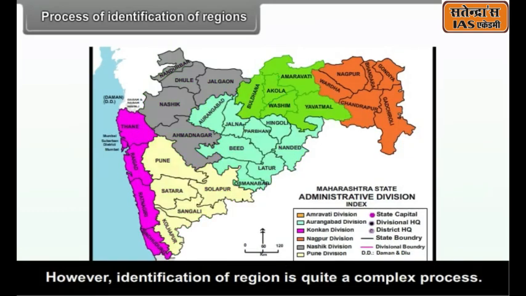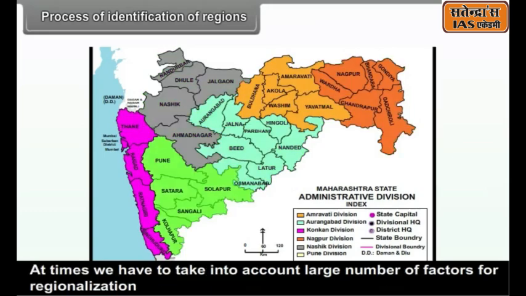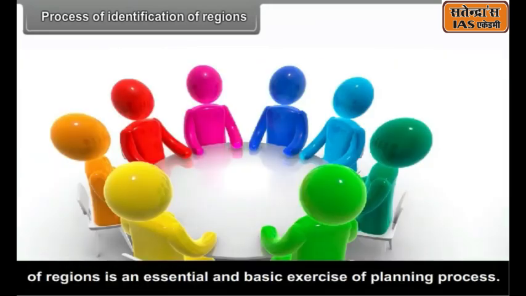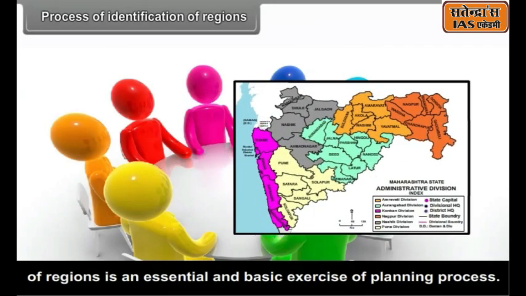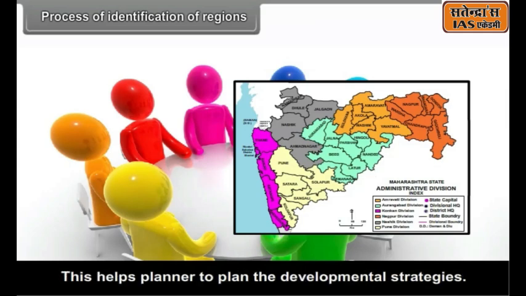However, identification of region is quite a complex process. At times, we have to take into account a large number of factors for regionalization. The identification of regions is an essential and basic exercise of the planning process. This helps the planner to plan the developmental strategies.